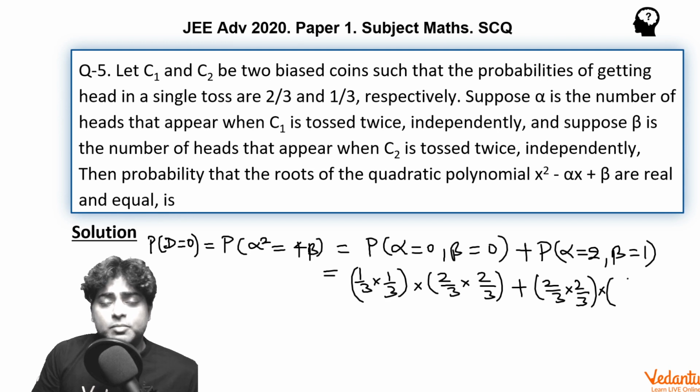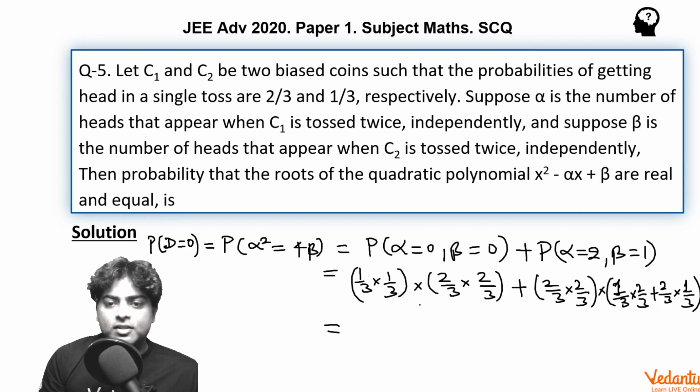This can be seen as two sub cases: first time head, second time tail when coin 2 is tossed twice, or first time tail, second time head. First time head is 1 by 3, second time tail 2 by 3, or first time tail 2 by 3 and second time head 1 by 3, isn't it?